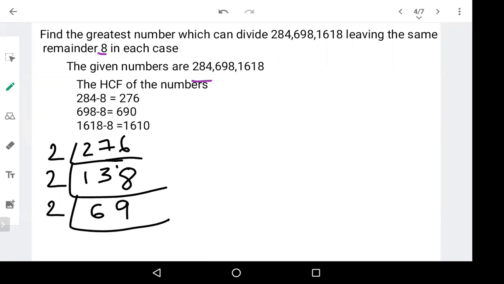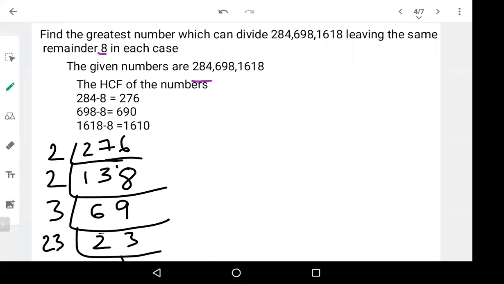Oh, oops, I cannot go with 2, that is 69, so I have to take 3. 3 twos are 6, 3 threes are 9. Now 23 is a prime number. Do you get 23 in any table? No. So 23 ones are 23.